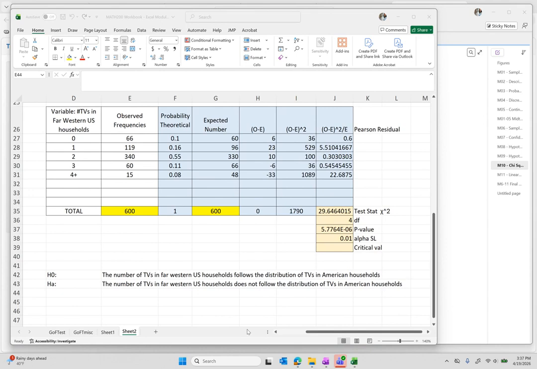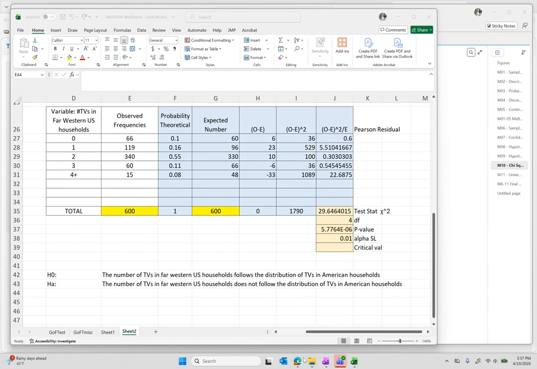Therefore, with a p-value indicating a very unusual sample coming from the theoretical distribution, I have enough evidence to reject the null hypothesis, and at the 1% significance level to support the claim that the number of TVs in far western US households does not follow the distribution of TVs in American households.